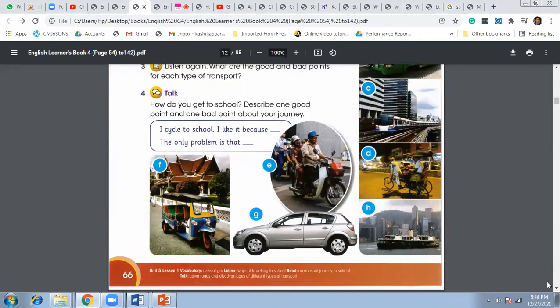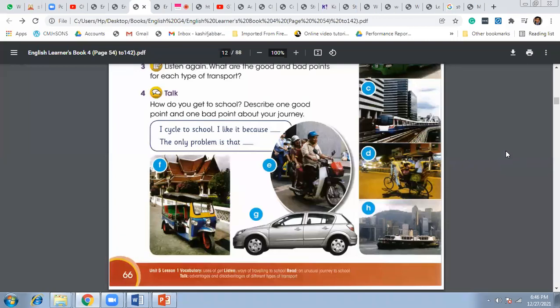Any other transport have you ever used in your life? Any one of these? F. And any of these you use once or twice in your life or no? F, you have used? Tuk tuk? Yeah.